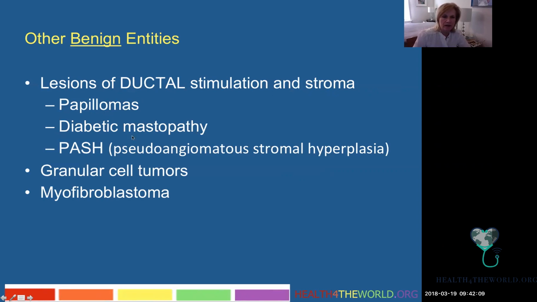We can see diabetic mastopathy, which will be a process in the stroma, and also PASH, or pseudo-angiomatous stromal hyperplasia, which is a condition of the stroma, which is benign. So we see these in males. More rarely, we will see other benign tumors like granular cell tumors and myofibroblastomas.